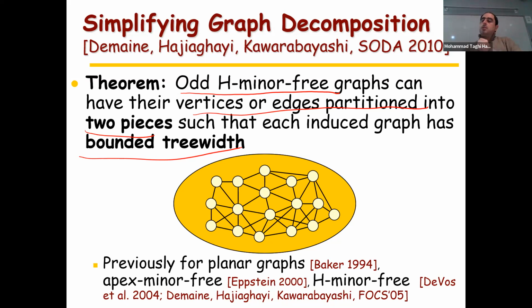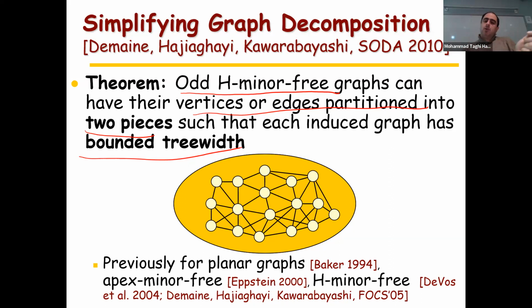Good. Again, an odd H-minor free graph is a bit more general than H-minor free graphs, but this includes H-minor free graphs as well. Their vertices or edges can be partitioned into two pieces such that each induced graph has bounded treewidths.